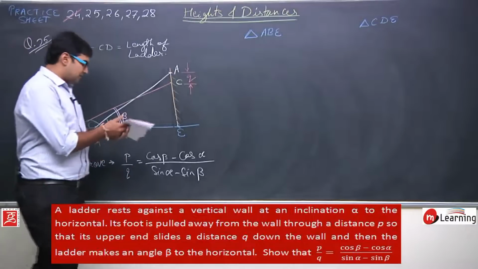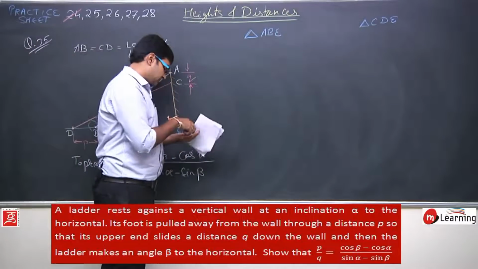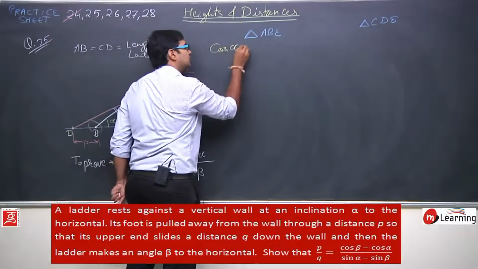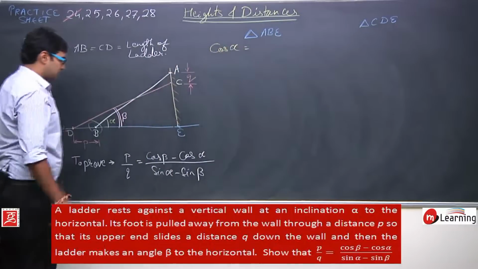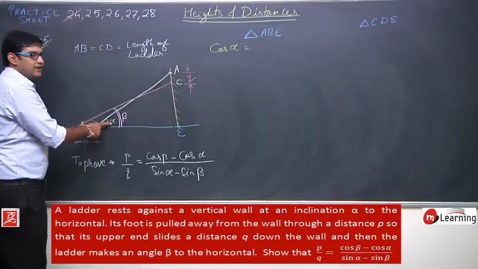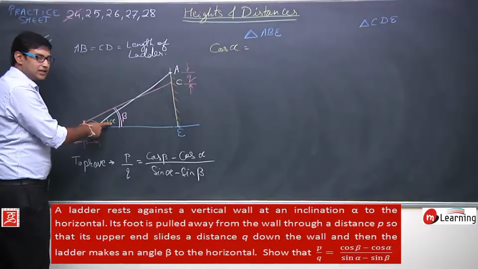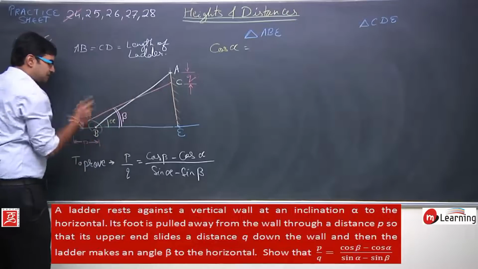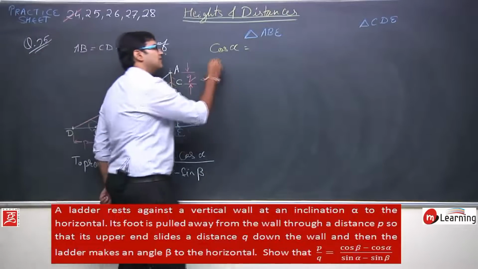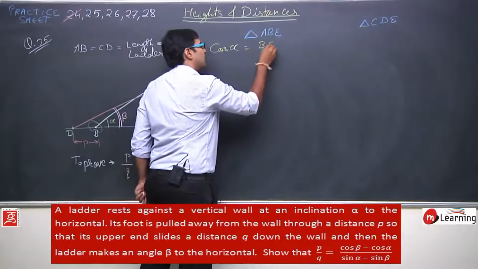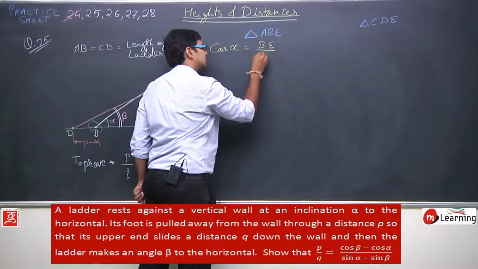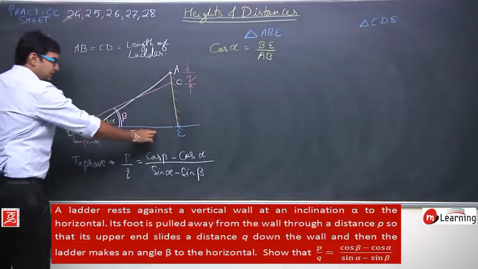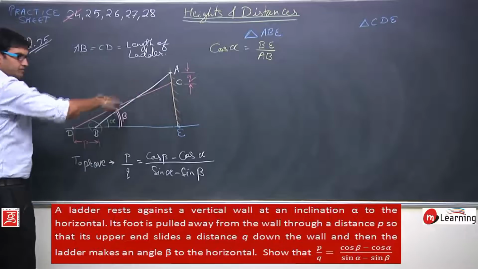Okay. So what is the value of cos alpha? In this triangle, cosine of this alpha angle, this is alpha, cos alpha is base upon hypotenuse, and this BE represents the base and AB represents the hypotenuse. So cos alpha will be BE upon hypotenuse AB.